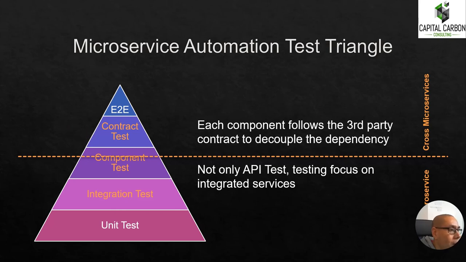We introduce the contract test to fix the inconsistency between the real microservices and the mock. Every microservice will sign a contract with a third-party platform about the input and output, which is basically the format of JSON. And the third-party platform will test whether the microservice follows the contract or not.